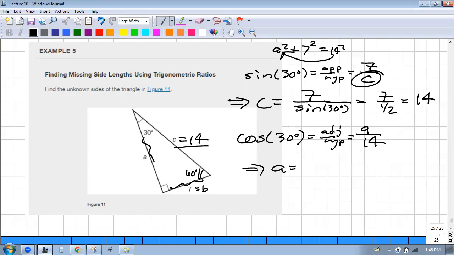So A has to be 14 cosine of 30 degrees. I didn't screw that up, right? Adjacent over hypotenuse. Which we know cosine of 30 degrees is √3/2. So this is 7√3.